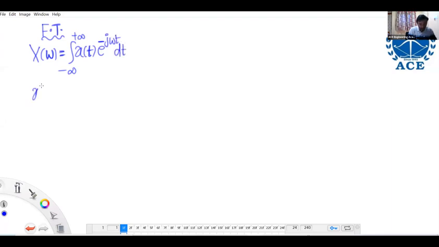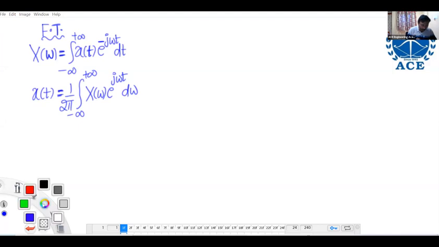Whereas the inverse Fourier is 1 over 2 pi integral of X omega e power j omega t d omega. That is inverse. We named the exponential term as kernel or basis function. The meaning of kernel is the frequency components of the signal are controlled by this exponential.